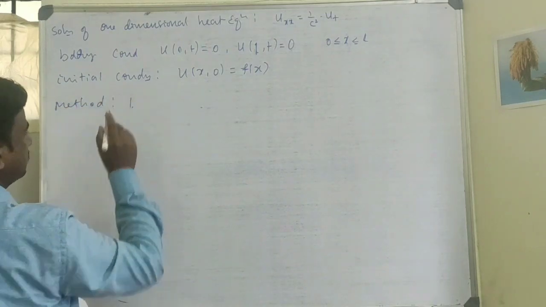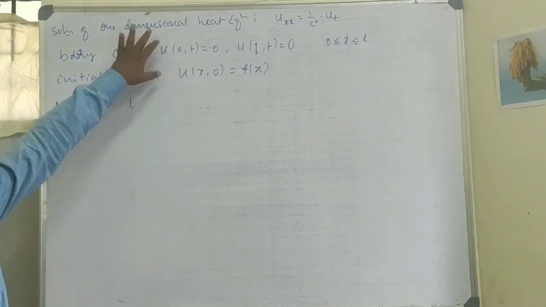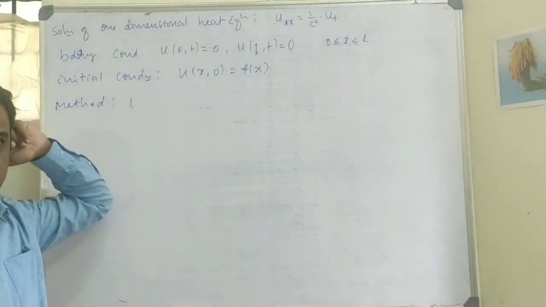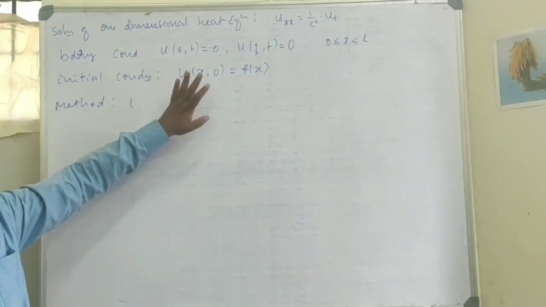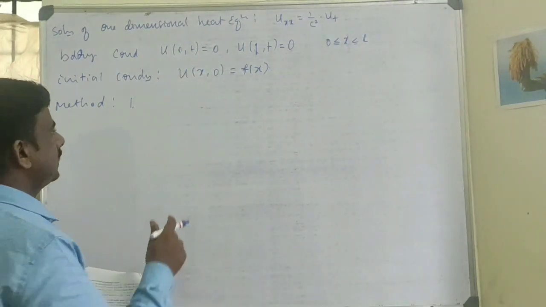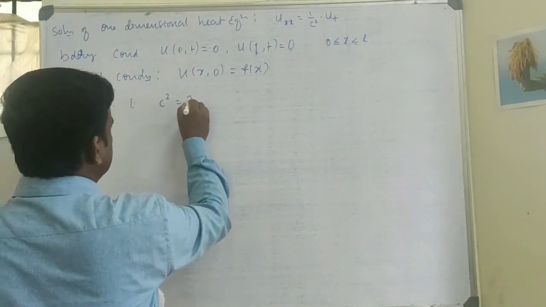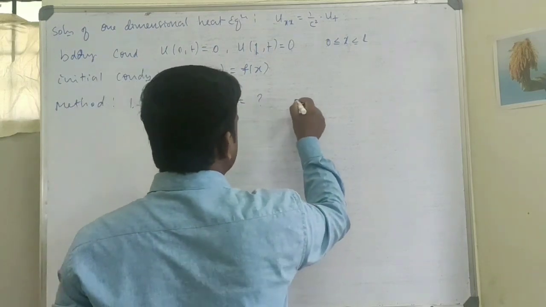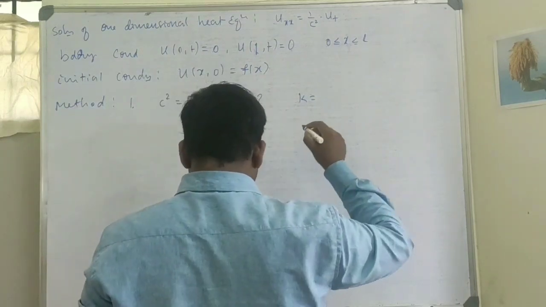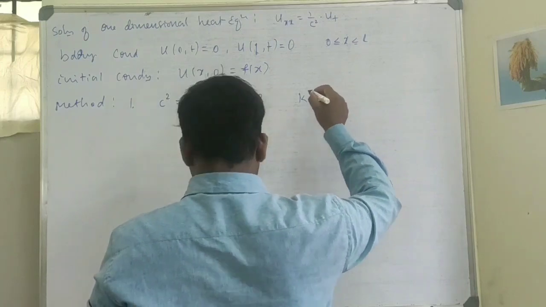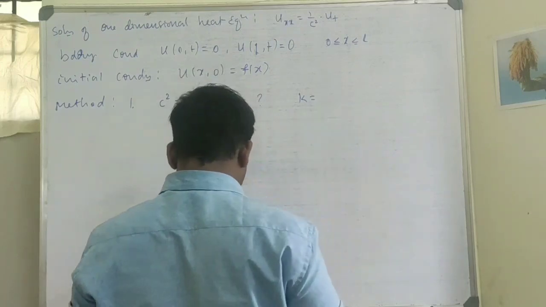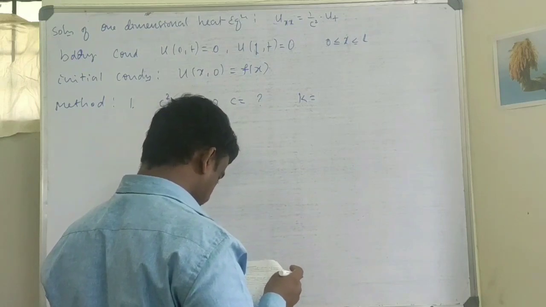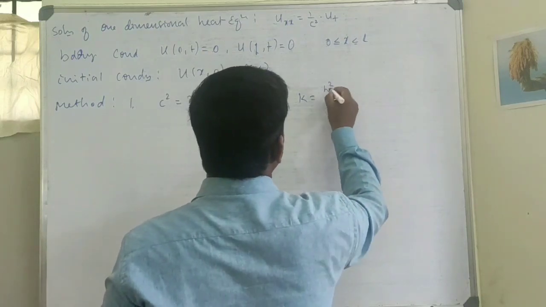So first step, collect all the given data. If the value of k is given along with the value of h, then no problem. Otherwise, you have to identify what is c square, then compute c, then use the formula k equal to h square by 2c.